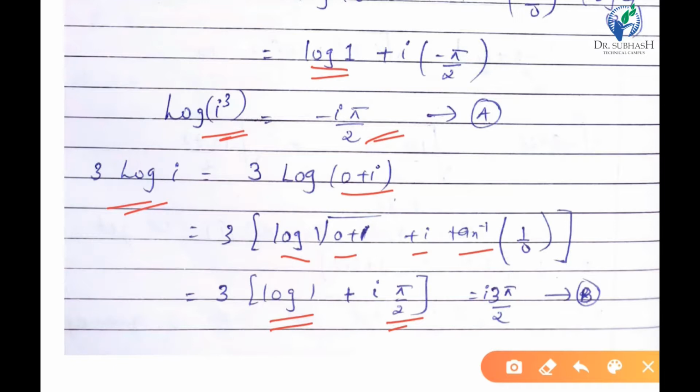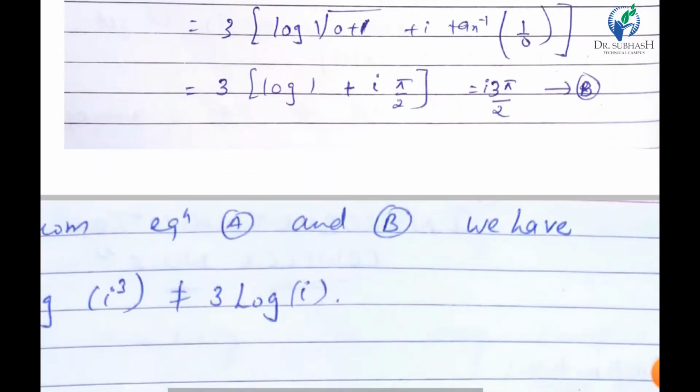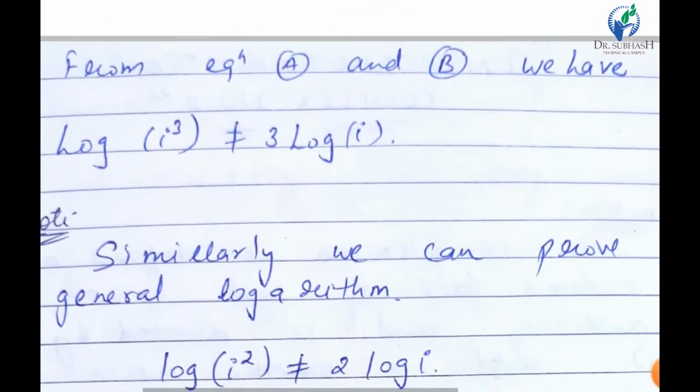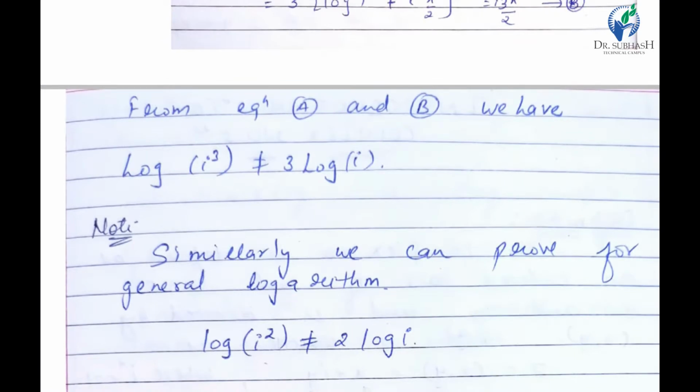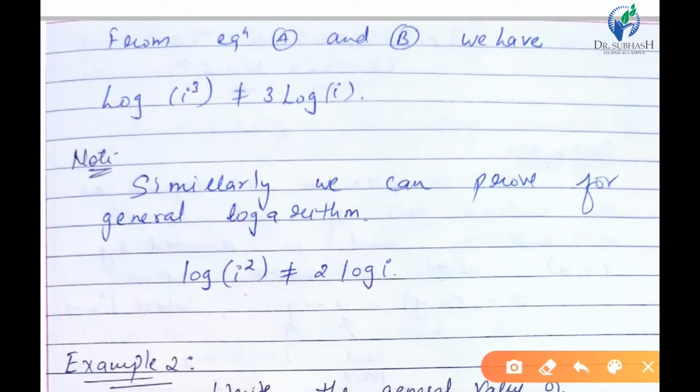Log 1 is again 0. So we get here I 3 pi by 2. From equation A and equation B, we see that both the values are different. So hence we have proved that log of I cube is not equal to 3 log I.